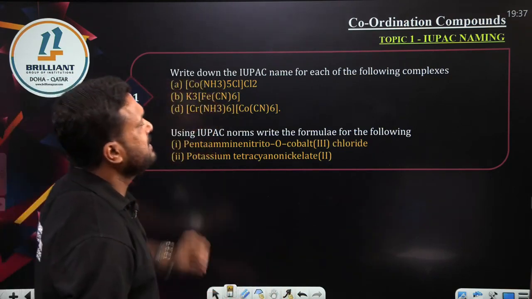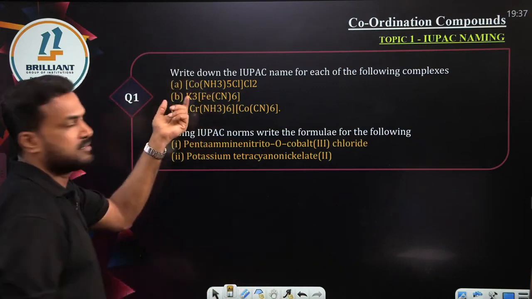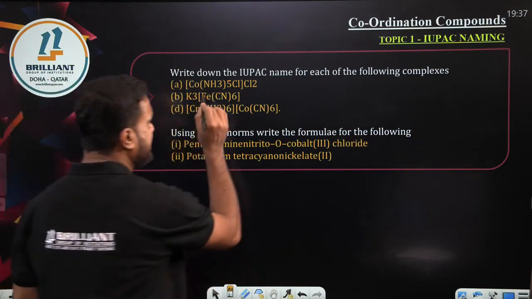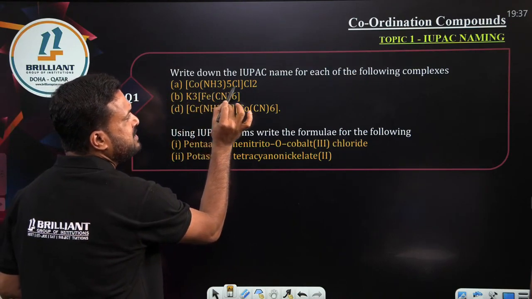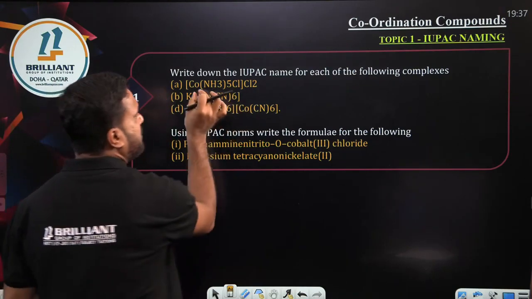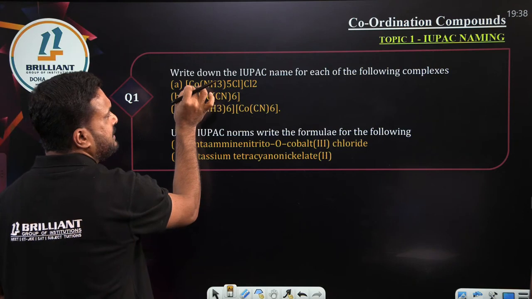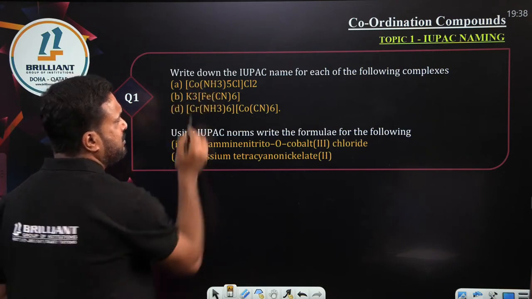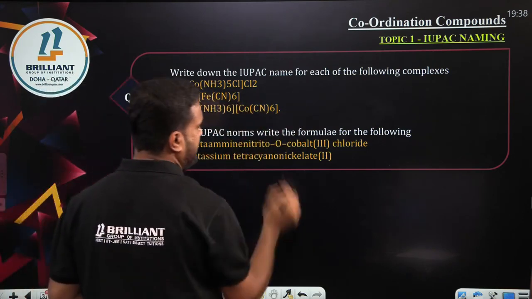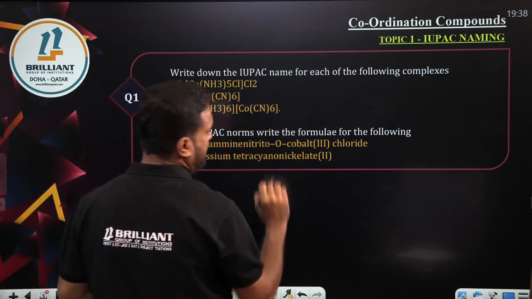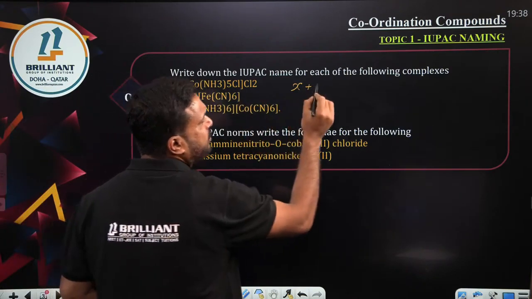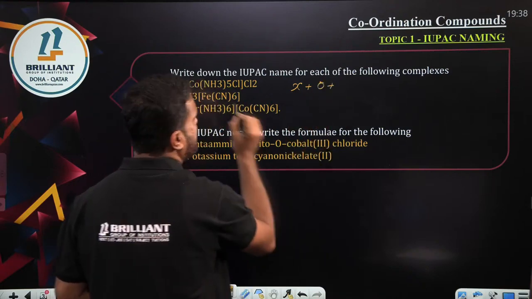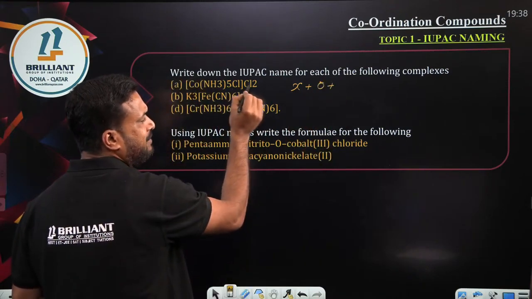Write down the IUPAC name for each of the following complexes. It is an easy question. So we have the complex [Co(NH3)5Cl]Cl2. We need to find out the oxidation number of the central metal atom, that is cobalt. Taking cobalt as X, X plus NH3, a neutral ligand, gives 0, plus we have 1 chlorine inside and 1 chlorine outside.